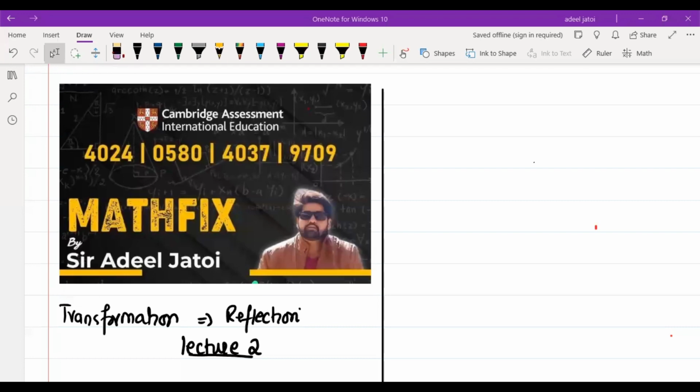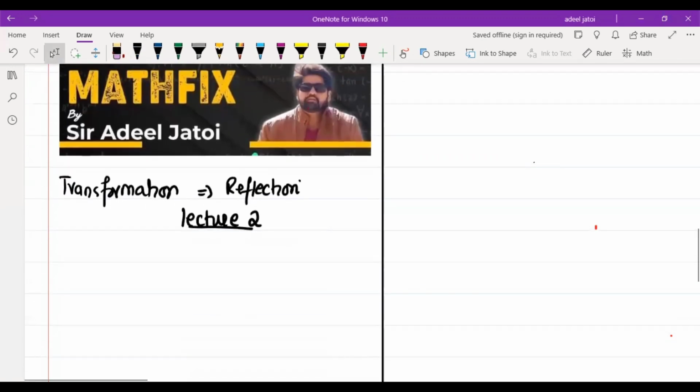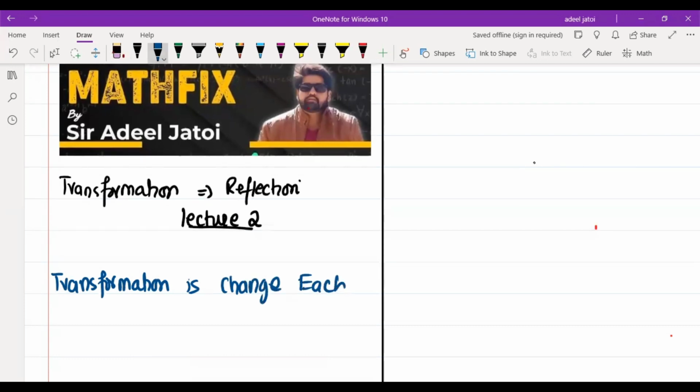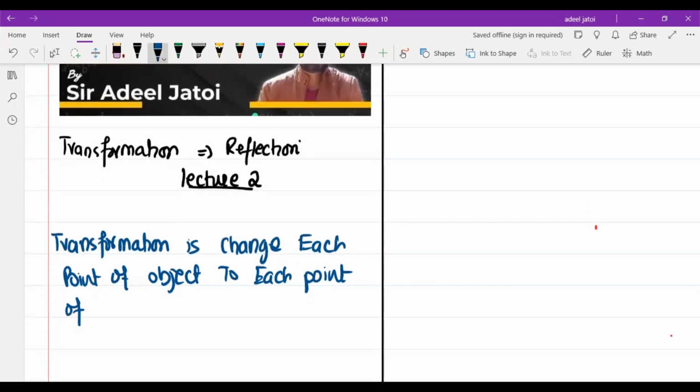Okay, ji, so transformation, we will be doing reflection, which is lecture number 2 now. Considering transformation, as I have discussed in lecture 1 as well, transformation is changing each point of object to each point of image.